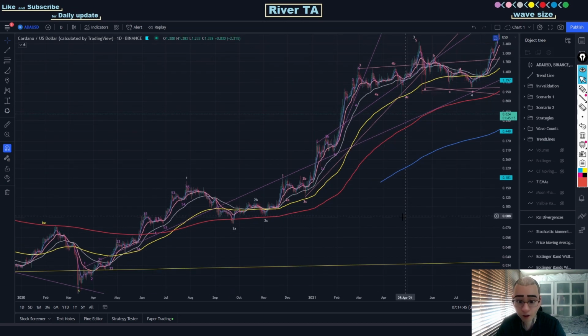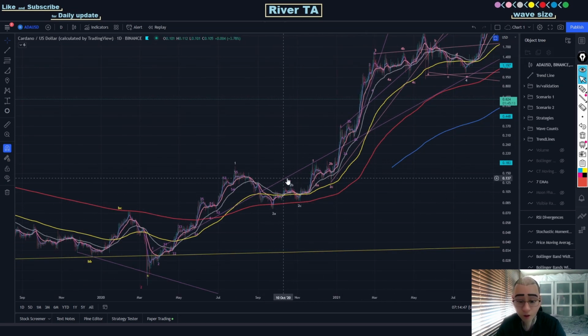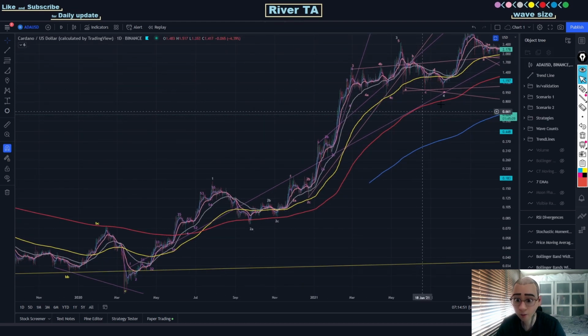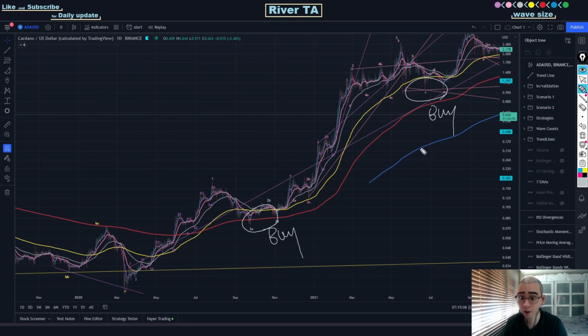And if you have a look in the gray level of red level wave 3, wave 2 and wave 4, there was a good buying opportunity over here below the yellow moving average of a daily time frame. Over here, buy over here and buy over here. So it went up and then it went up again, right?